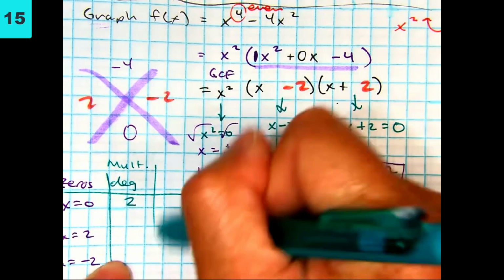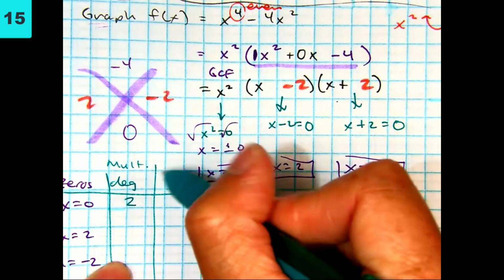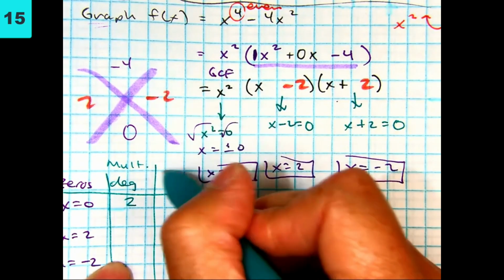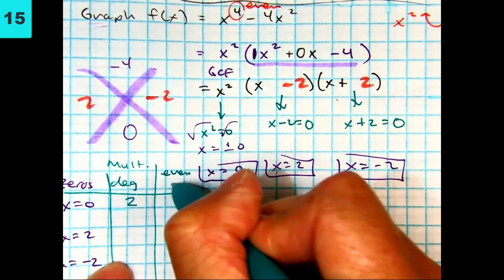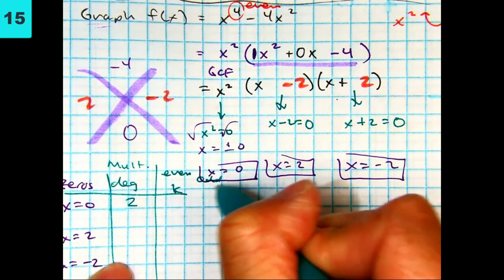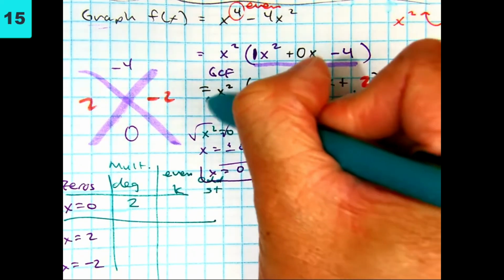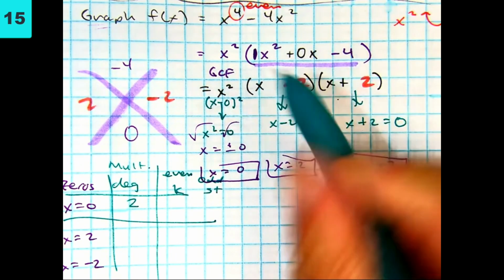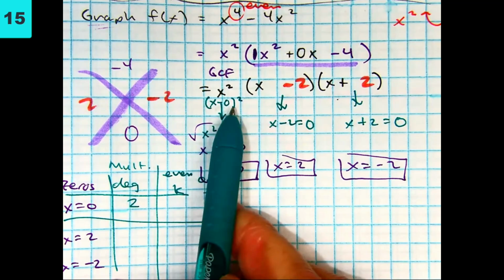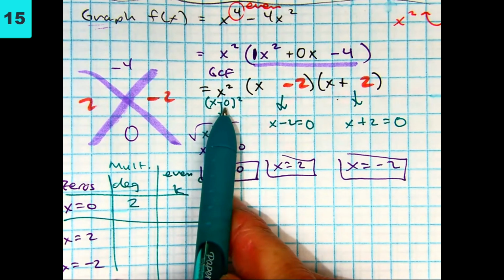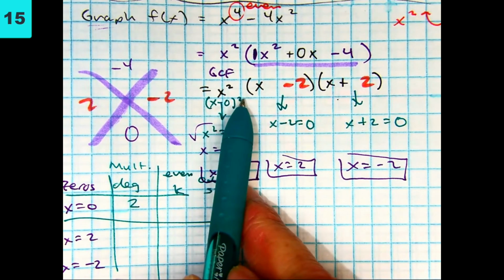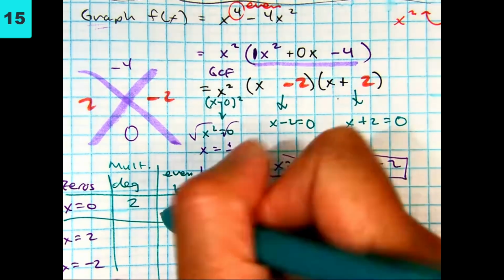Is that an even or an odd? Kiss or shoot through? So evens we will kiss. Odds you will shoot through. Again, if you're confused on this one right here, you can make this x minus 0 squared. Do you see that? It shows there that your x-intercept is still 0 and your degree or multiplicity is 2. Kiss there.